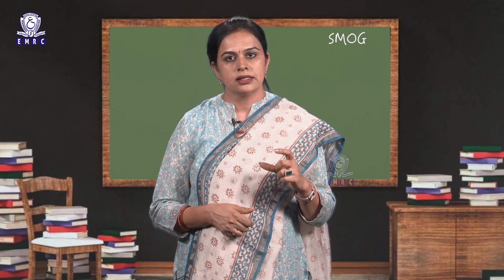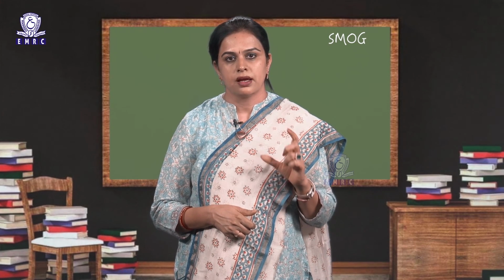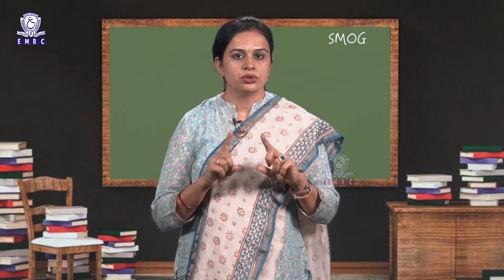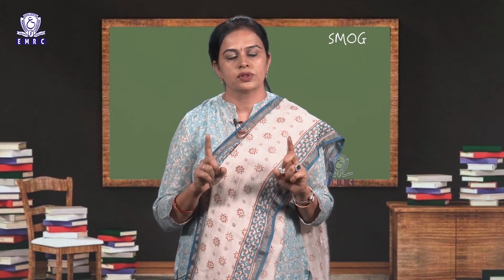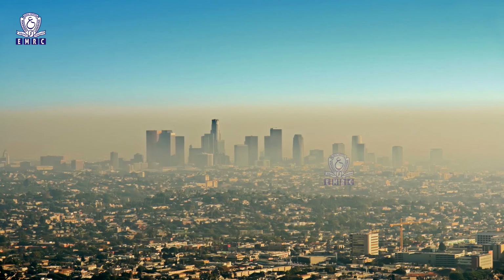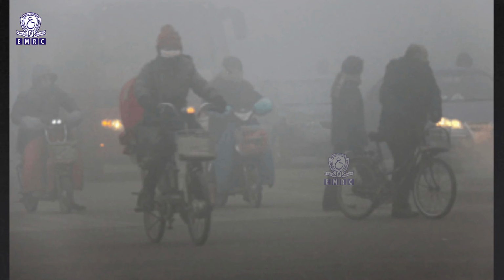So, smog contains soot, particulates like smoke, sulfur dioxide, nitrogen dioxide and other components. At least two distinct types of smog are recognized: sulfurous smog and photochemical smog. This picture explains the sulfurous and photochemical smog.